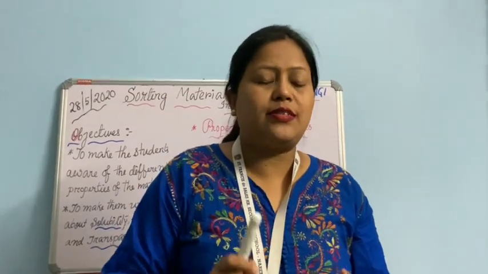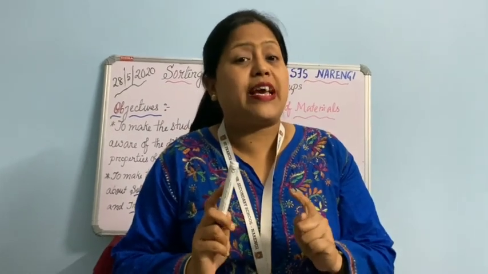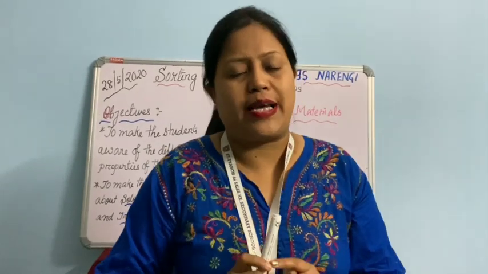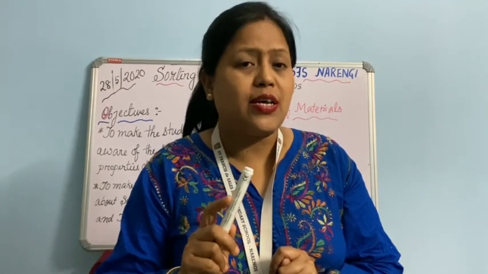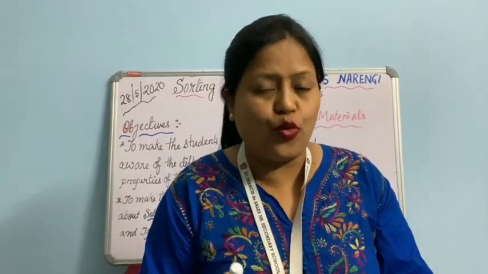This is the property of some materials which allows light to pass through them. Transparency is the property in which materials allow light to pass through them in different amounts. Clear? So to prove this, let us do one activity.